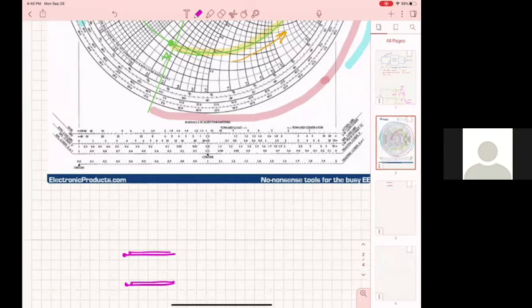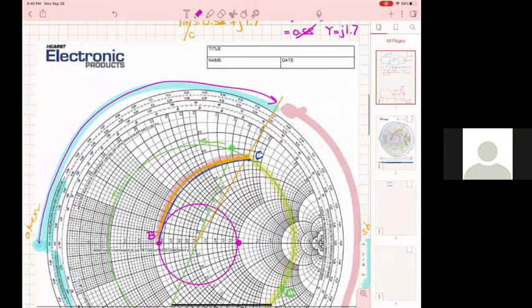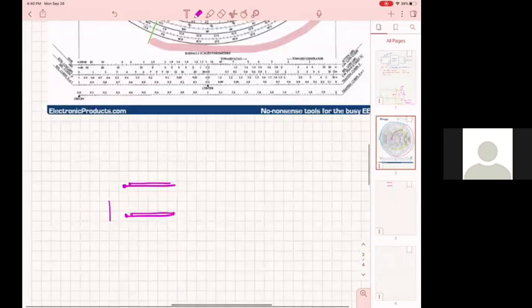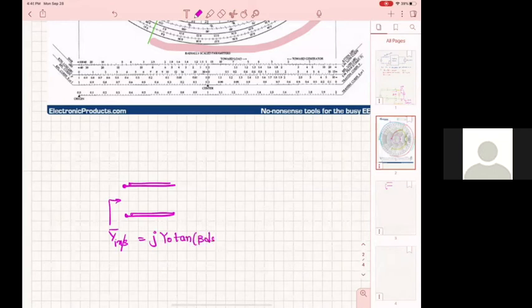And you have that length here we found, say, LS. Now, your input admittance to the stub is j Y naught tangent of beta ds.